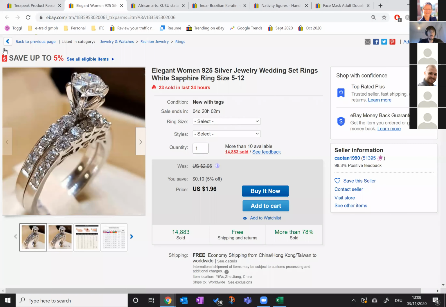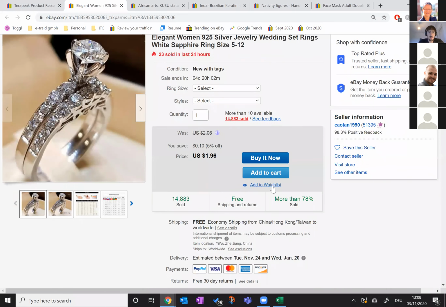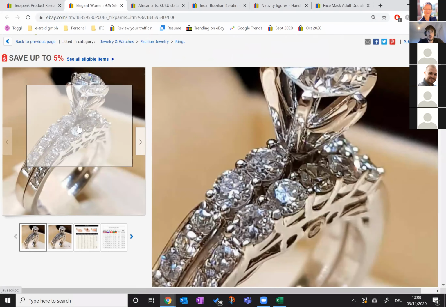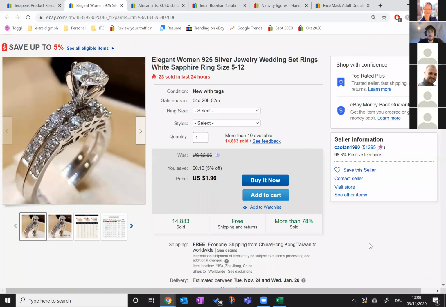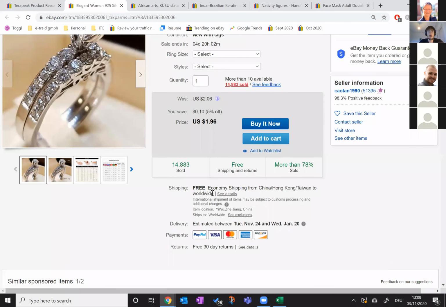So here we have a seller that is based in a place called Yiwu in Jiang, China. And basically the seller sells what they call elegant silver rings for a price that's really incredibly low. It is less than $2, and they have free economy shipping.